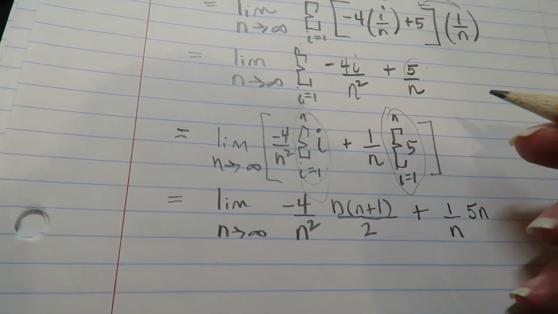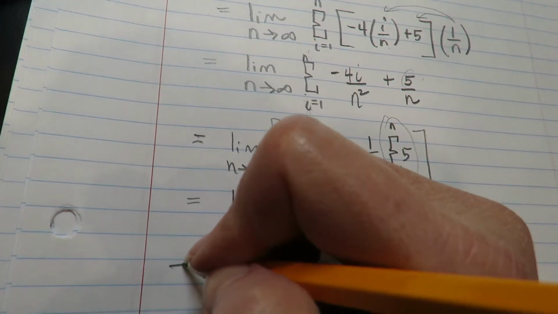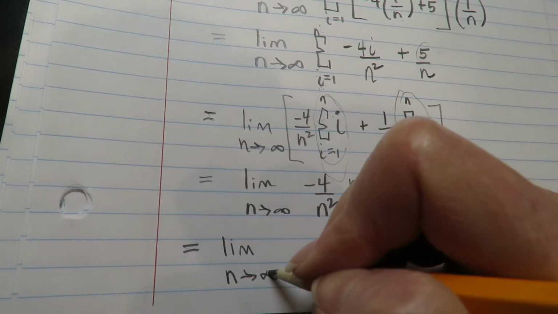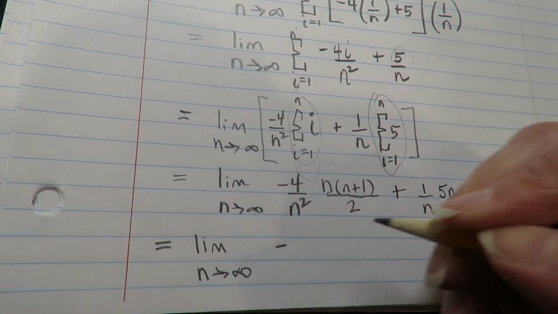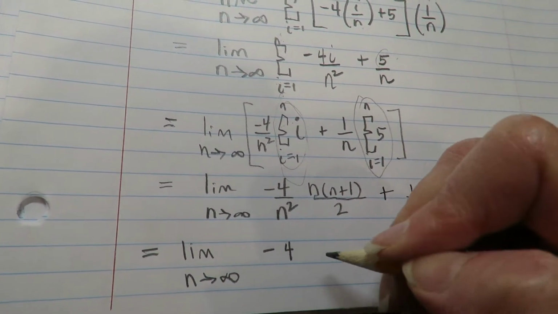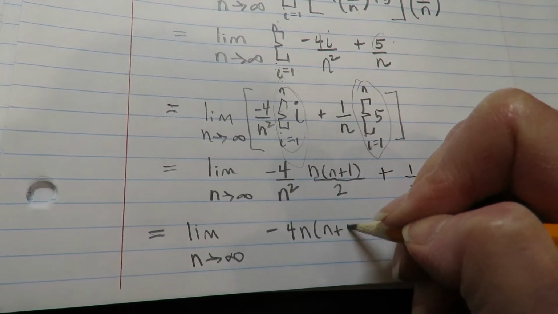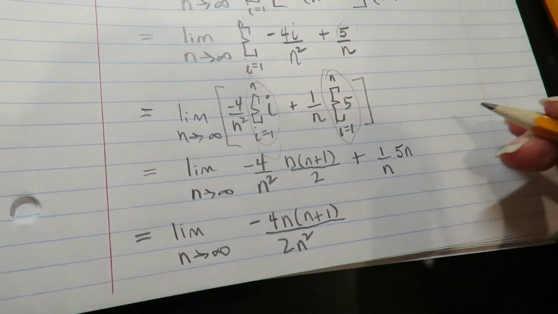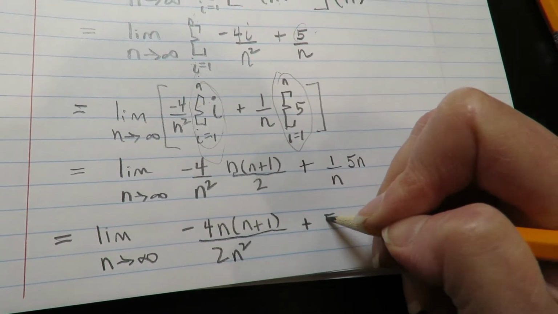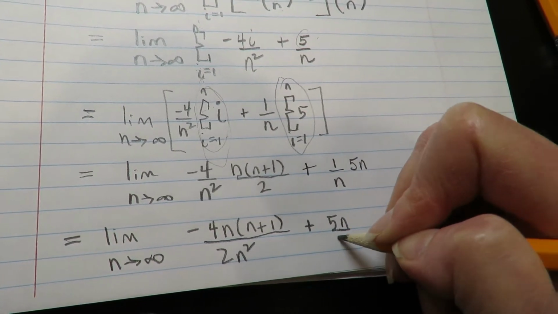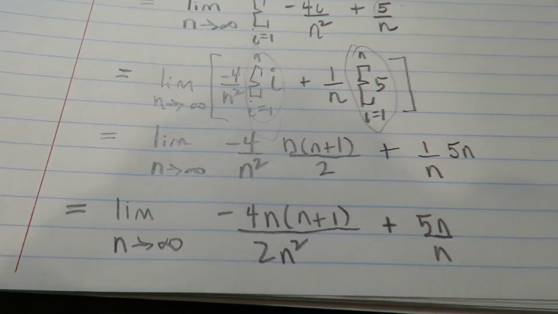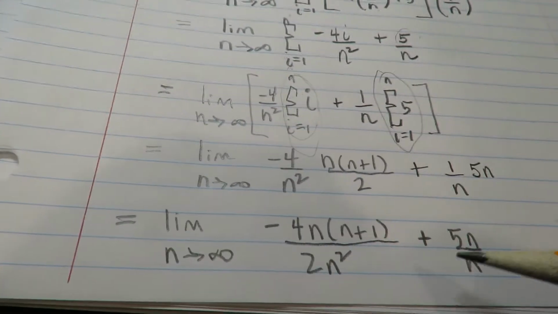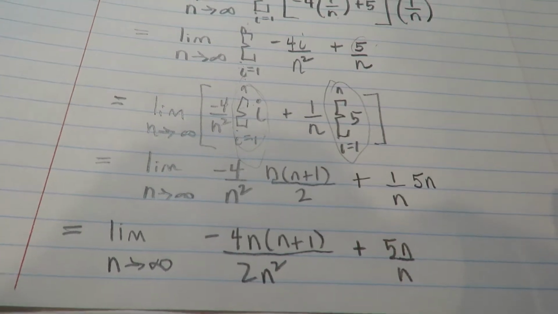Some people simplify a bit at this stage. I don't really. I would if I thought it would be very helpful, but I personally don't think it is. Some people might find it a lot easier. You can simplify here if you want, you can reduce the 4 and the 2, you can reduce an n. It's just up to you.